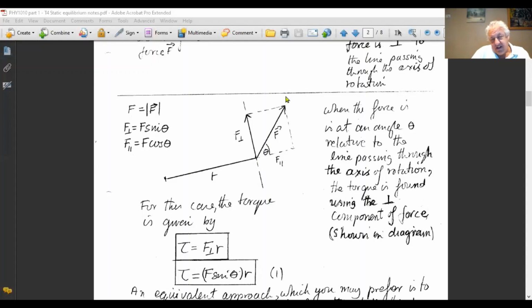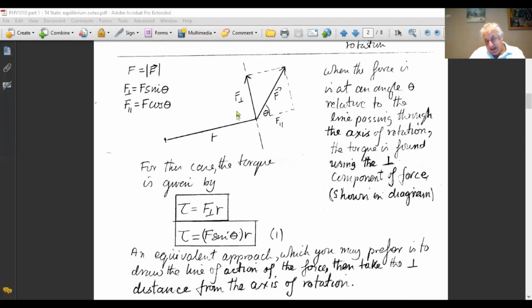When a force is acting at some angle to a line that passes through the axis of rotation, you have to take the perpendicular component of the force to obtain the correct torque. So the torque in this case is given by the perpendicular component to the line passing through the axis of rotation.